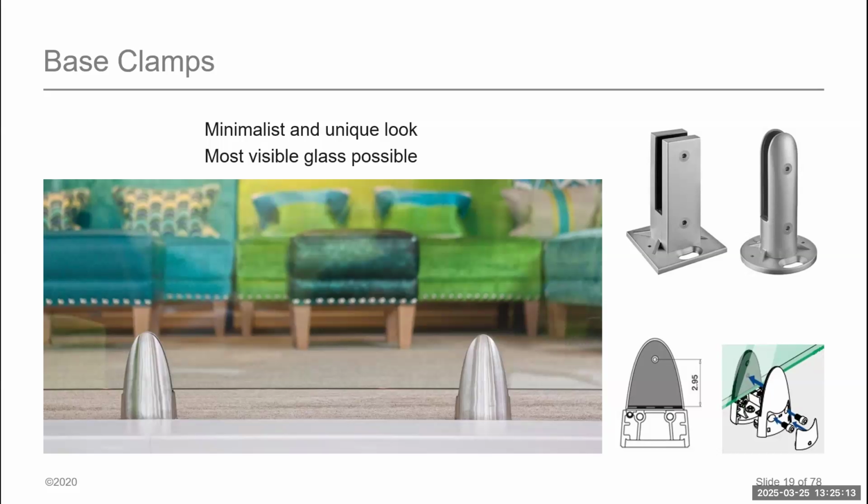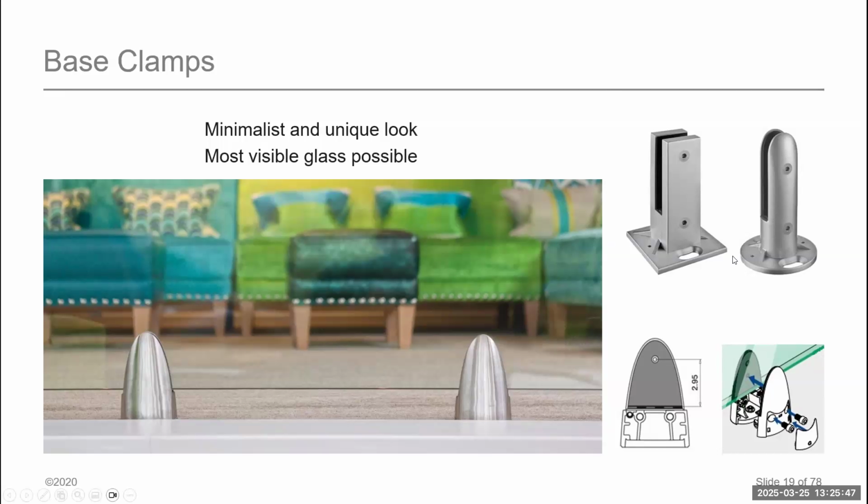The other thing we will see is that base shoe systems can start anywhere from 9/16 thick and move all the way up to 1 1/4 inches thick in glass thickness. Base clamp systems will take thicker glass to achieve the same type of performance as we did with a base shoe. So you'll start with something like 27-30 seconds when you actually have a guardrail system with a base clamp.